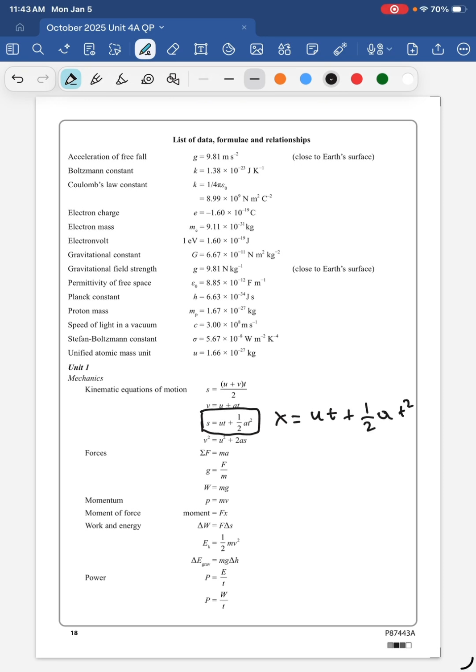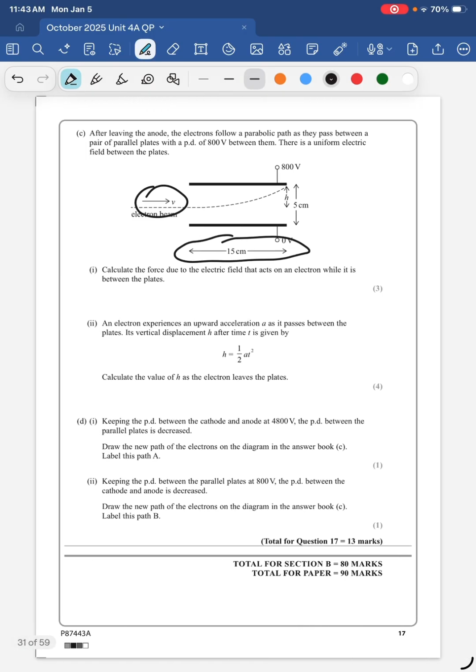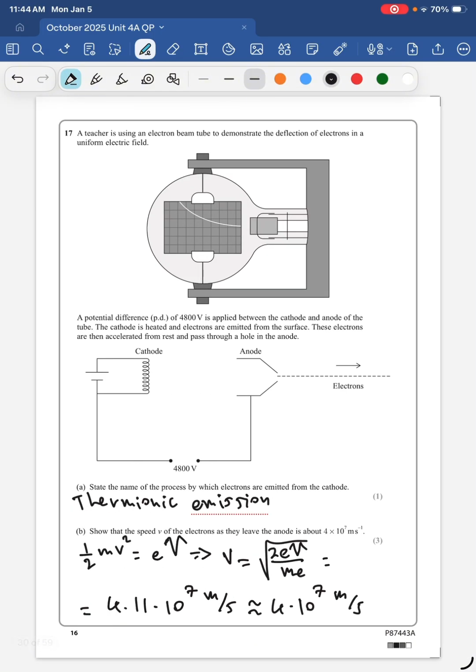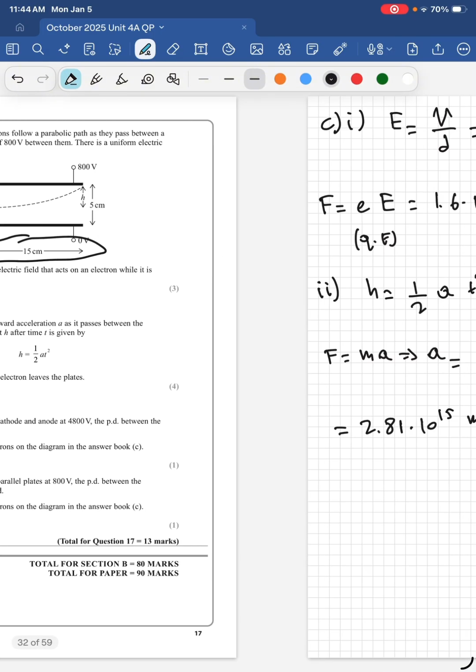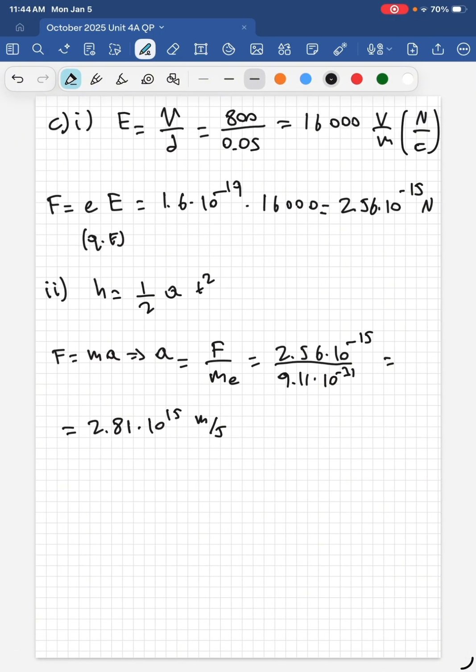Do we have an acceleration in the x direction? No, because no force is experienced by the electrons as they move along the x direction. And then we substitute this u to v, which is what we calculated over here, this v over there, okay? So that way we can calculate the time.